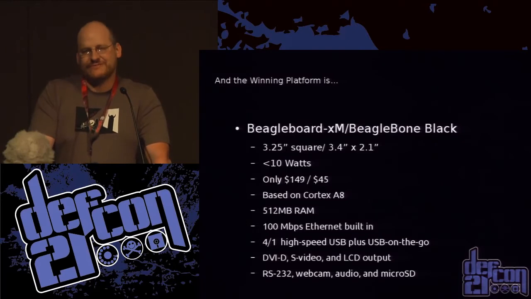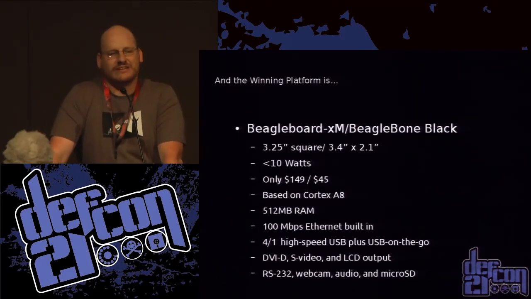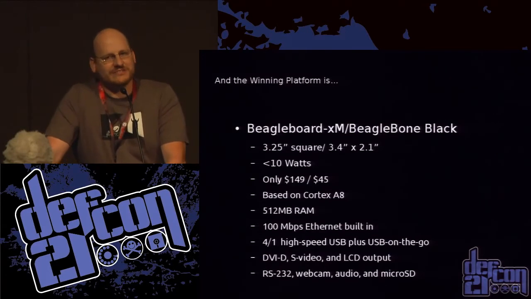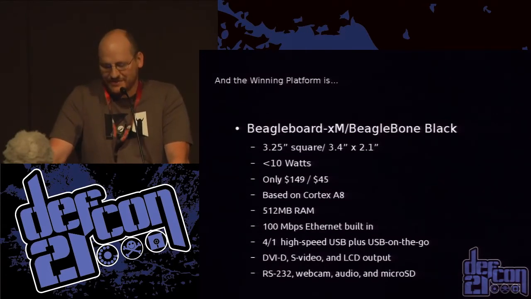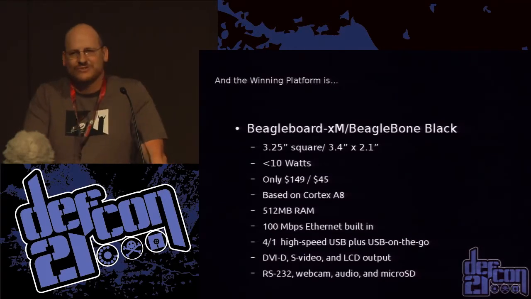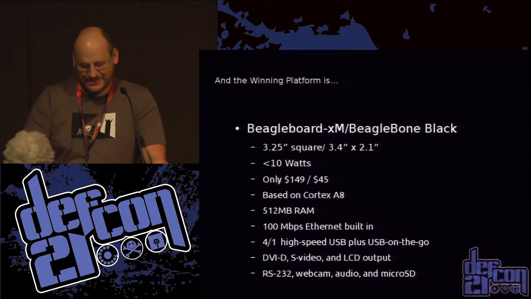Pretty cheap stuff. BeagleBoard XM, $149, and the BeagleBone Black list for $45. And you can actually buy it for less than list price, unlike some other devices out there. Half a gig of RAM, networking, USB, DVI-D output, all that good stuff, right?